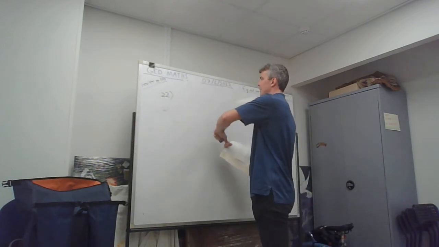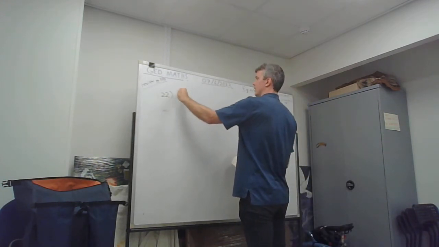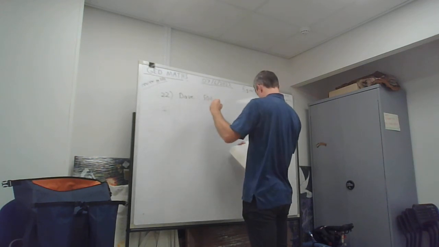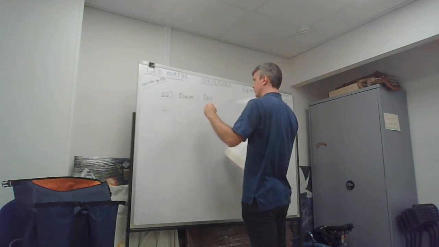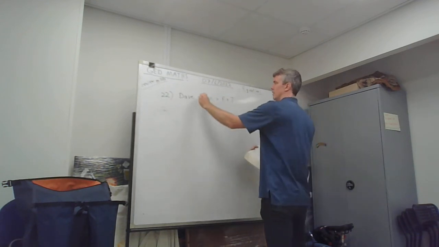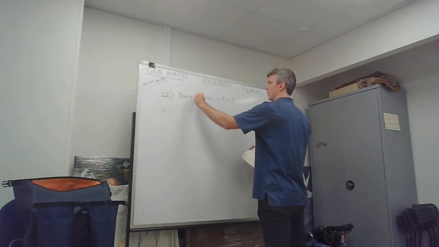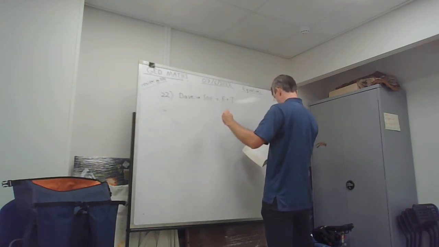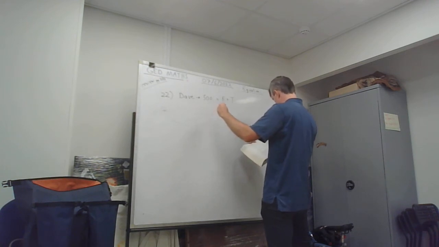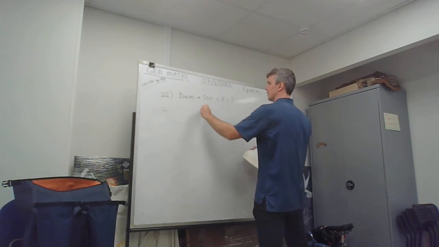So it says Dave has 500. That equals Eric and Travis, right? And we also know that Eric has 3 times as many cards as Travis has.